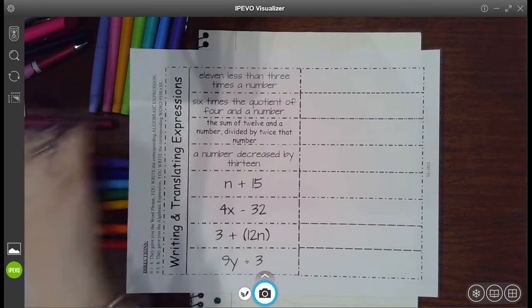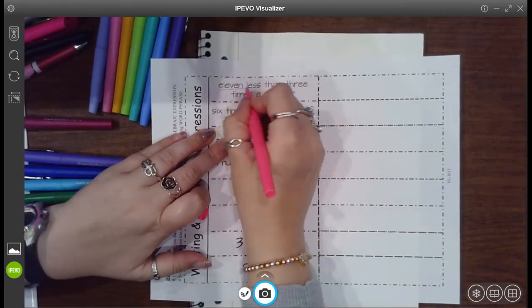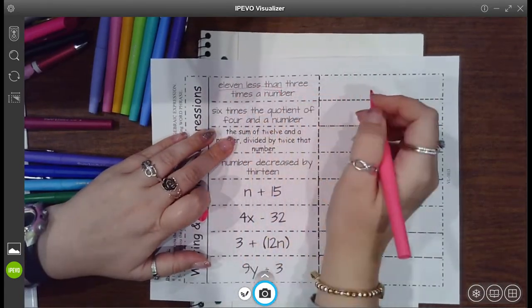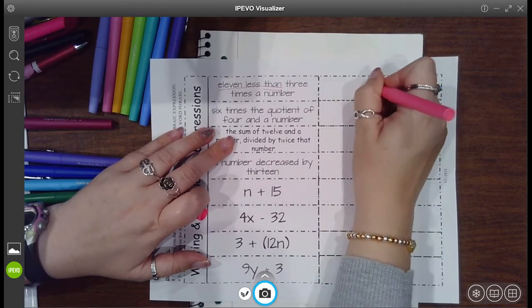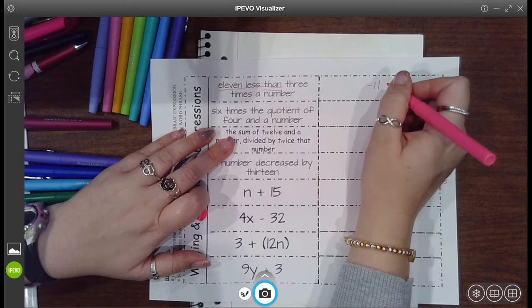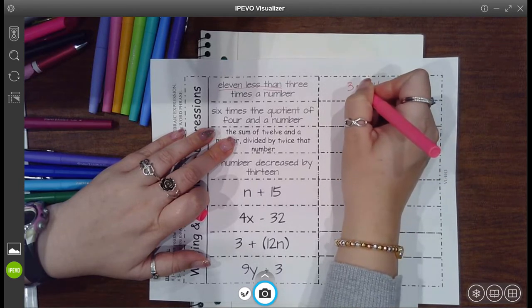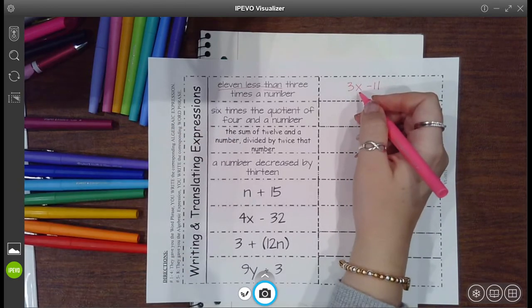The very first one, you have 11 less than. Because it says less than, that 11 goes to the end, okay? Because you're taking 11 away from what? 3 times a number. And we don't know what that number is, so we can represent it with an X, an N, a Y, an A, whatever variable we want.